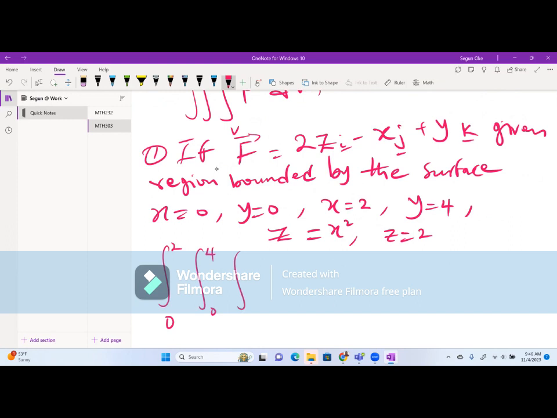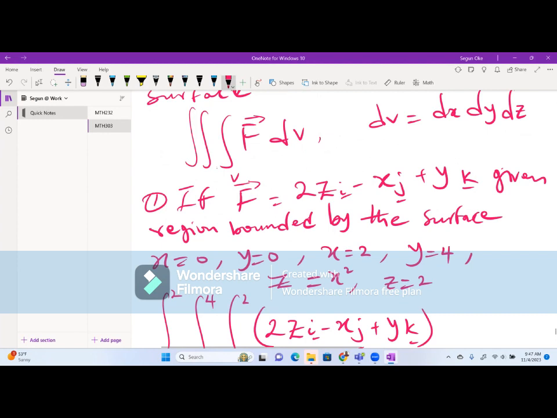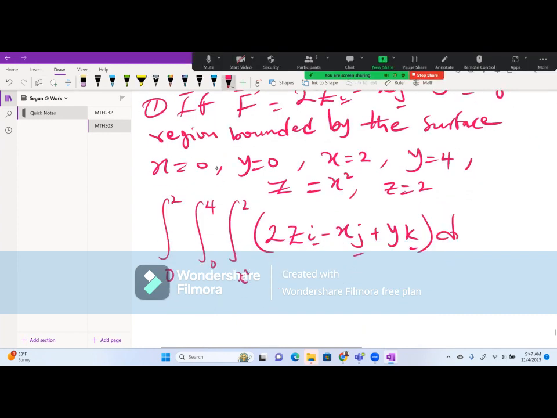For z, when z equals x squared, the lower limit, the upper is equal to 2. Then we can substitute our 2z i minus x j plus y k. Don't forget the dV. The dV is dx dy dz.